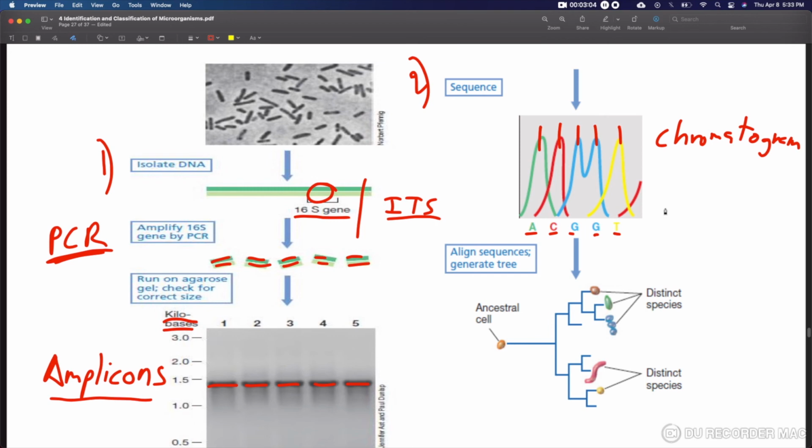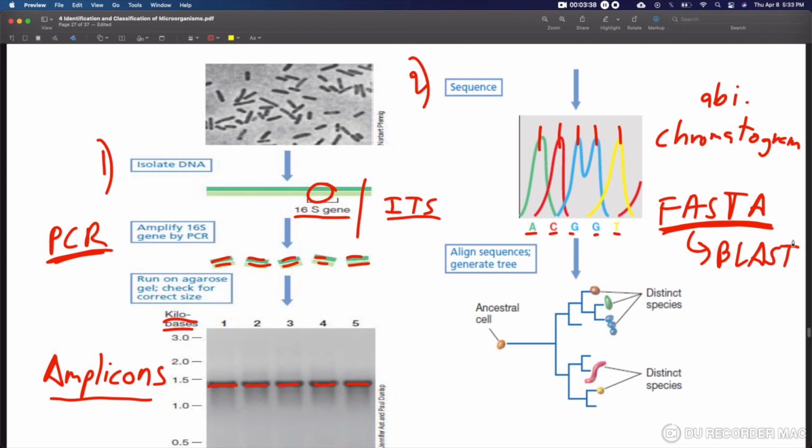So we'll now have your text file or FASTA file of the sequence. Usually the chromatogram file is an ABI file.